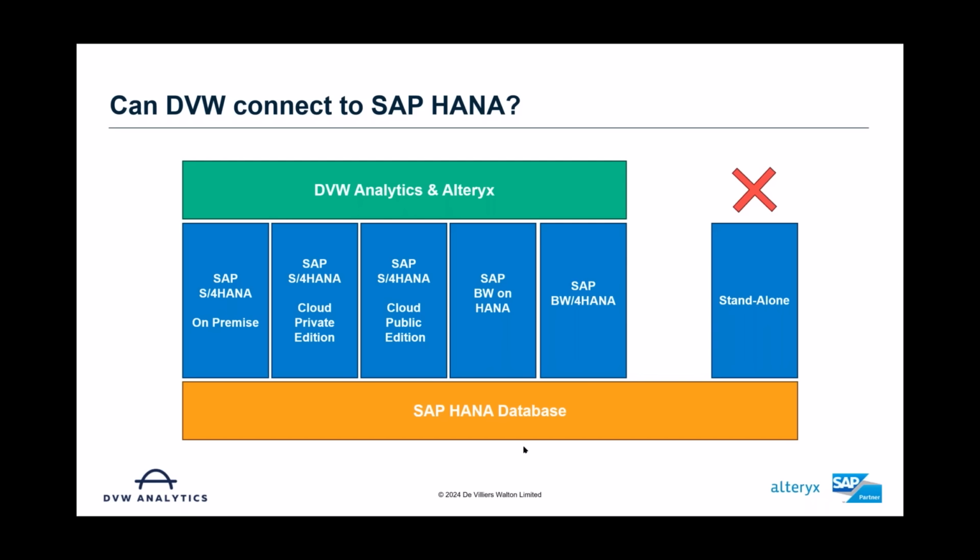So SAP S/4HANA on-premise is, if you like, the direct comparator to SAP ECC, SAP ERP, SAP R3, and so on and so forth, going backwards in time. Over the last couple of years, SAP, like a lot of software vendors, are pushing more aggressively into cloud, and more of their key products are becoming available within the cloud. And therefore, we also have two cloud editions available to us today as well.